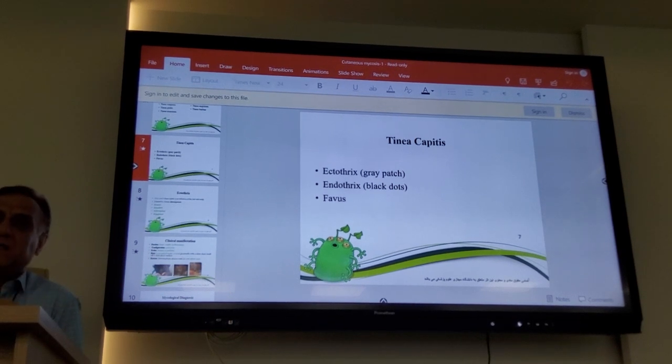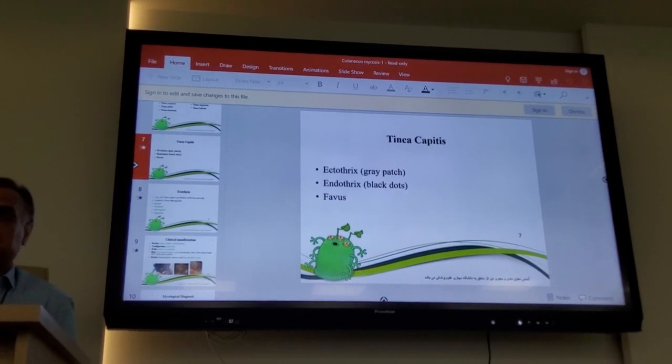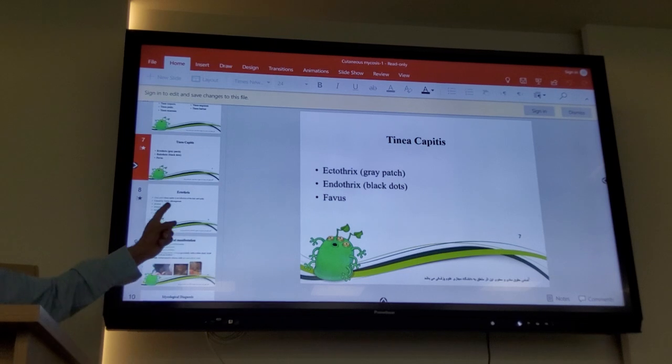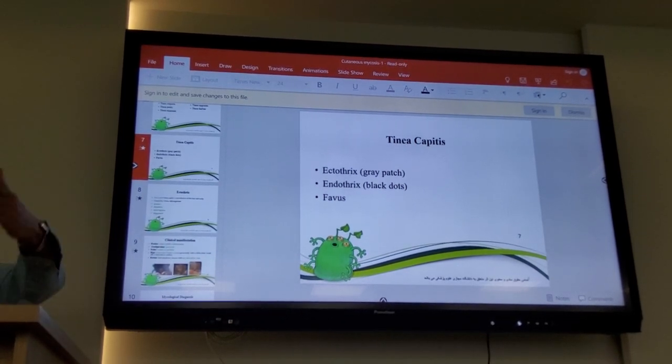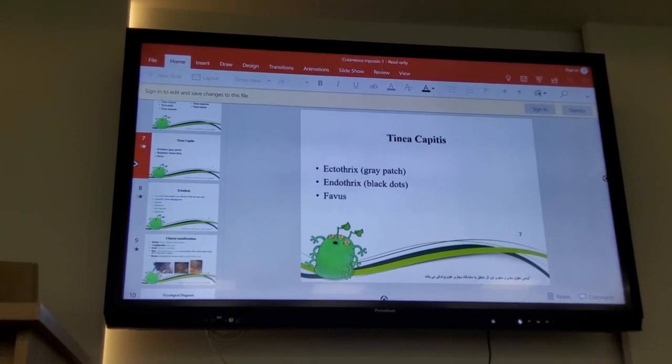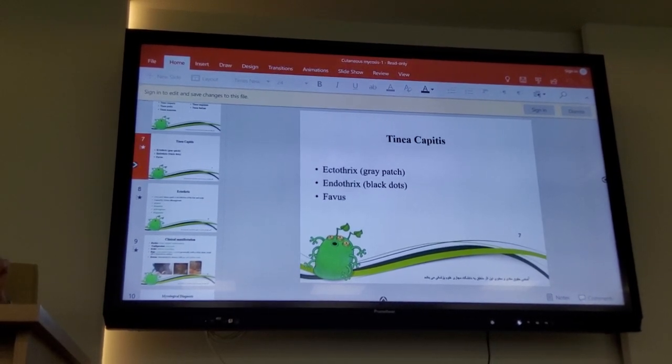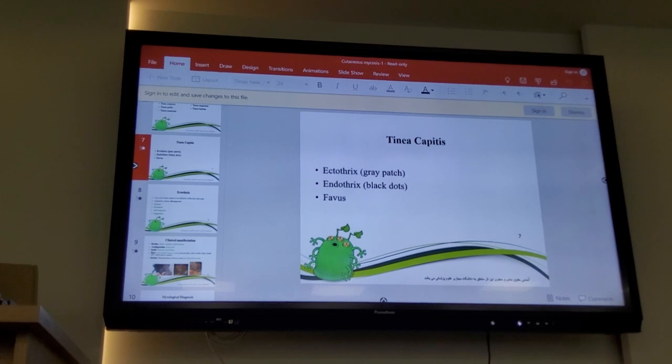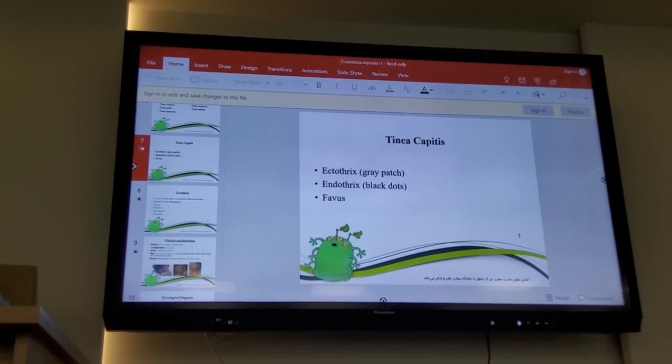In endothrix, the clinical sign is losing the hair, alopecia, with some small dots. That is named black dot. With eye observation, you find the black dot.